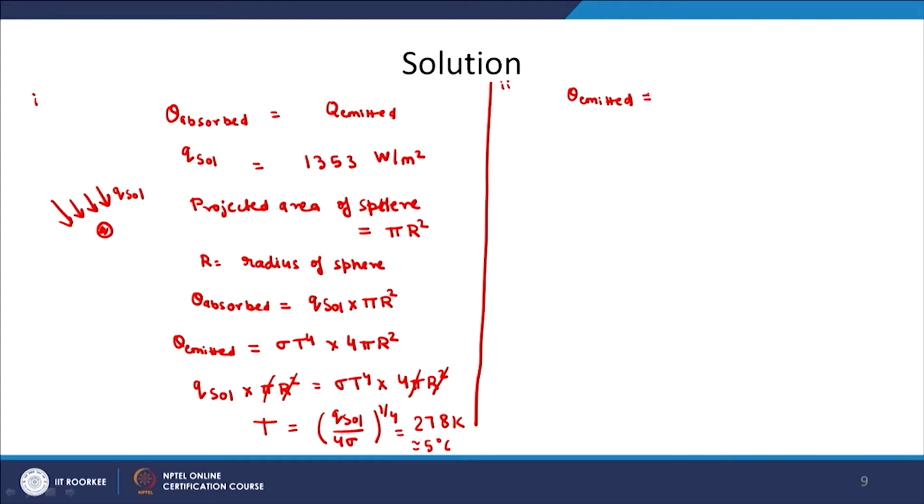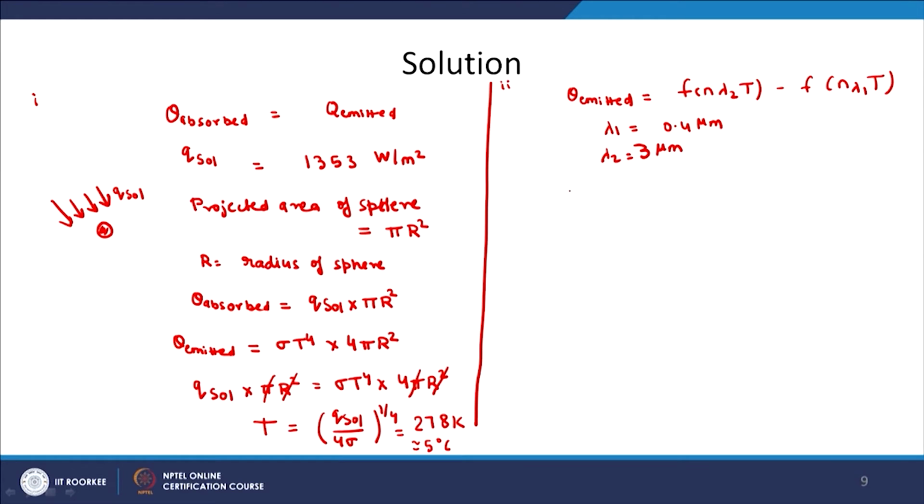Now, it will be equal to, as we discussed earlier, f n lambda 2 T minus f n lambda 1 T, where lambda 1 is equal to 0.4 micrometer and lambda 2 is equal to 3 micrometer. So, we have to calculate this f function, and then we will be able to calculate the emitted energy.